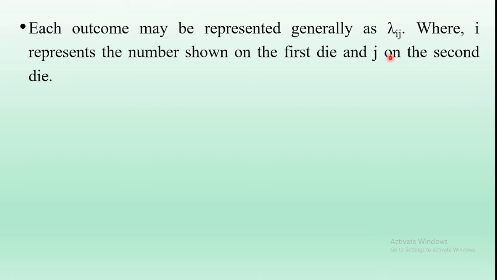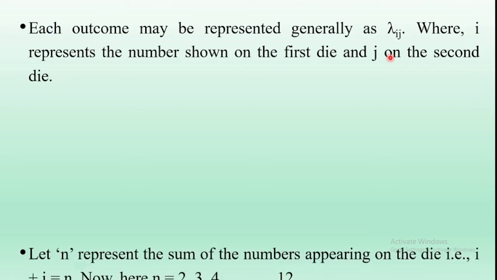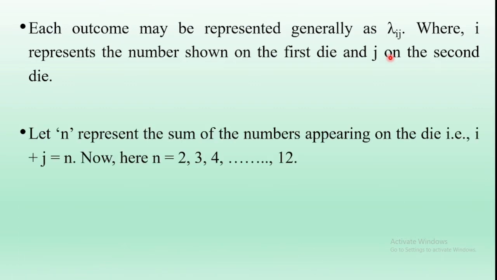Let small n represent the sum of the numbers appearing on the dice, that is i plus j equals n. So the sum of the numbers appearing on the dice, n, is equal to i plus j.